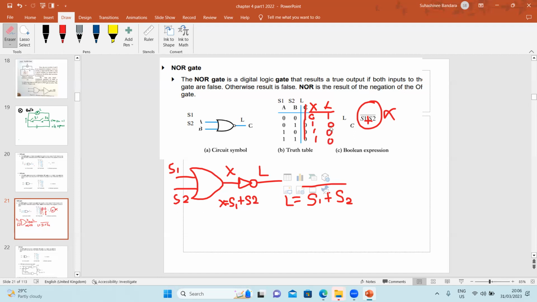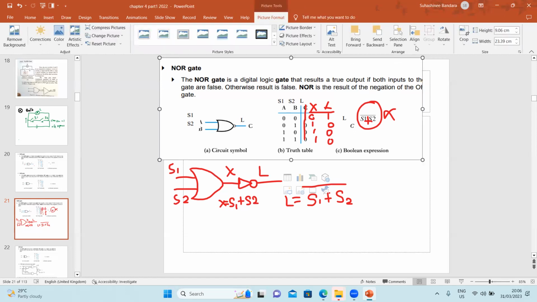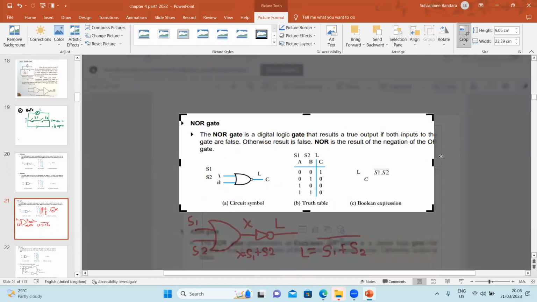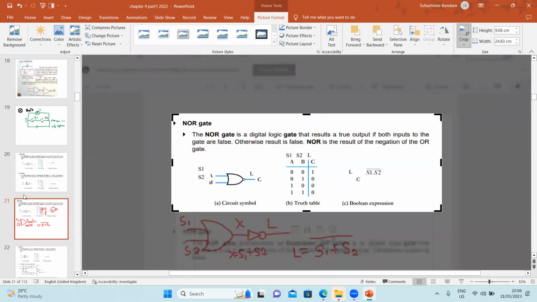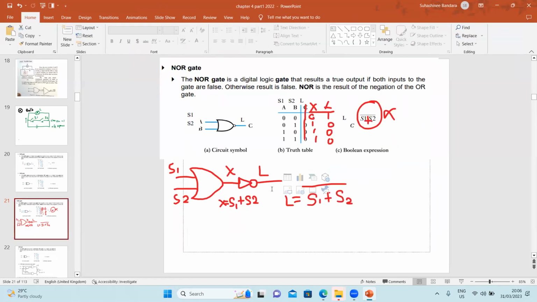NOR gate is the result of the negation. Negation means opposite of what? Of the OR gate. Okay, copy this line.